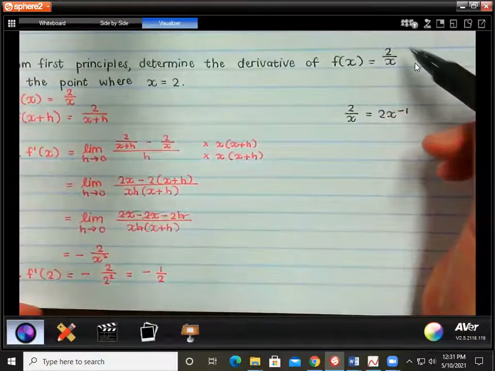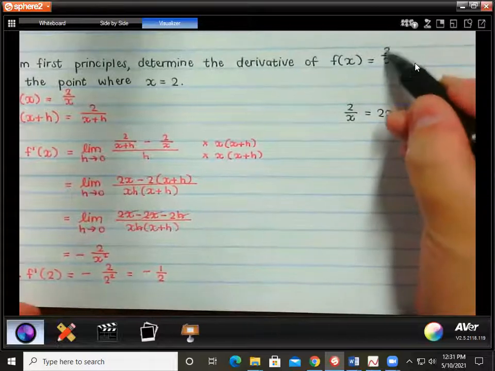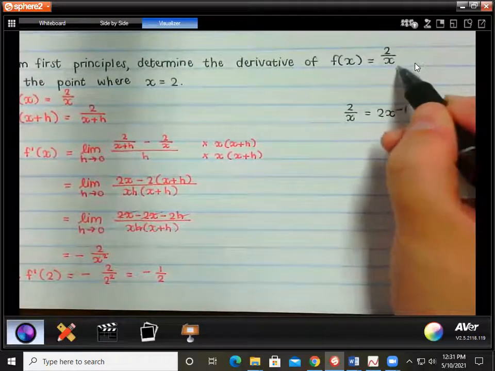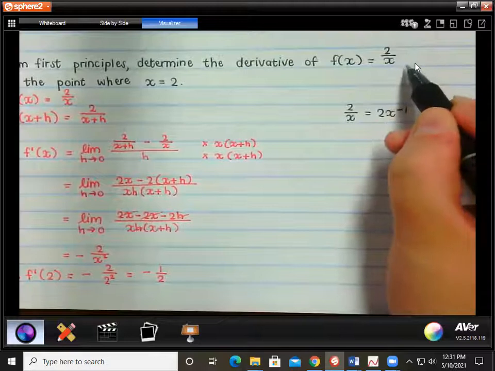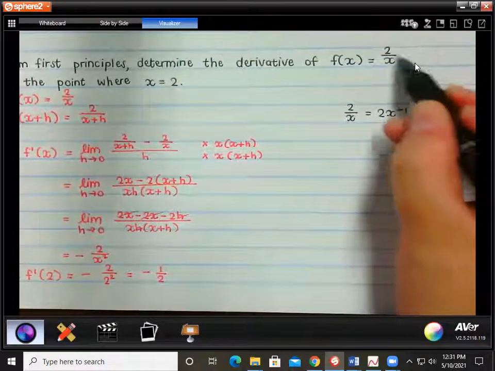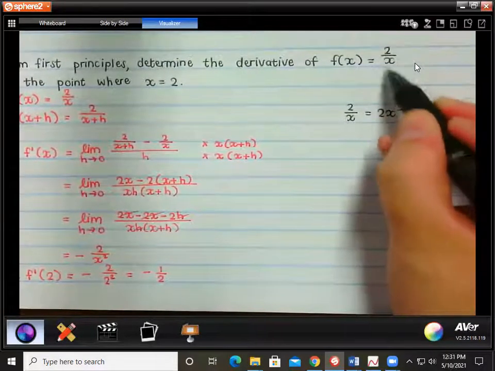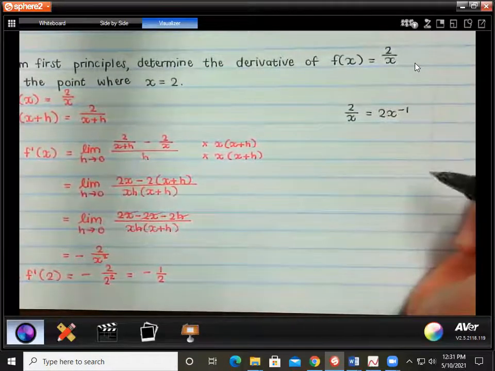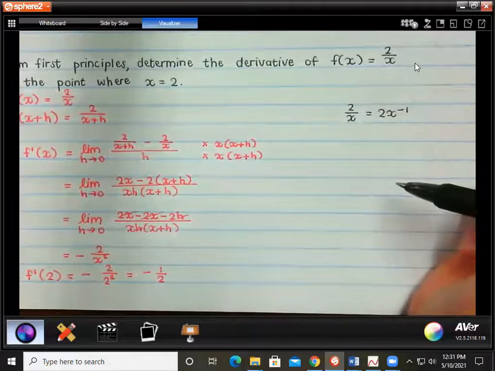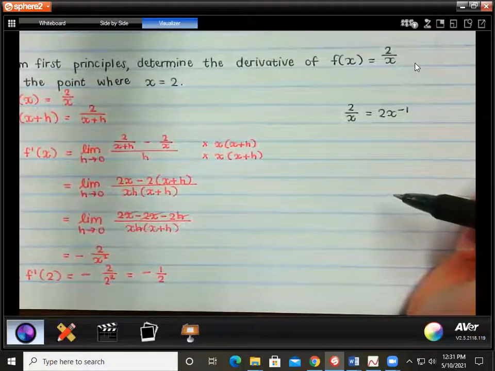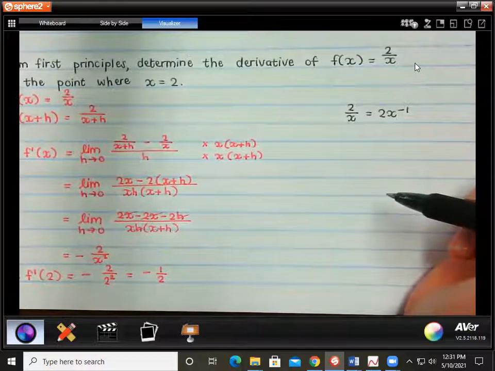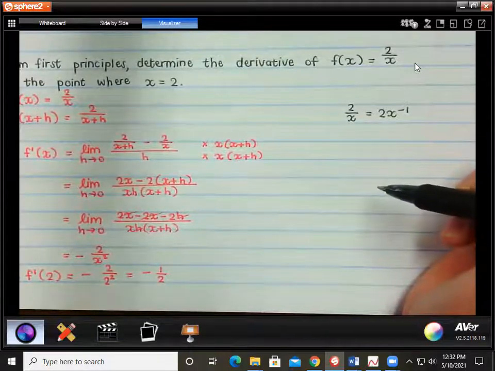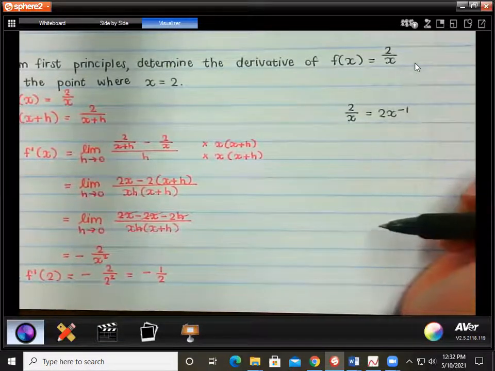So remember, quotient rule is the derivative of the numerator times the denominator, so that will be 0x, and then minus the original first one times the derivative of that, and then over the denominator squared, over x squared. You would, yeah, but it will be easier to do it like that.